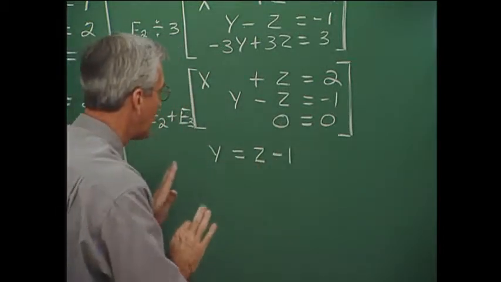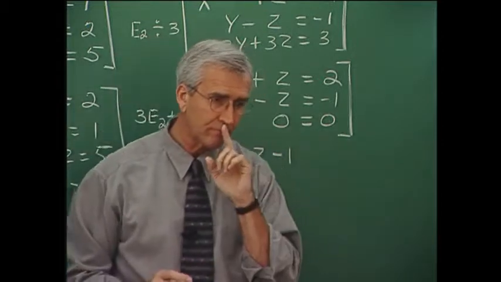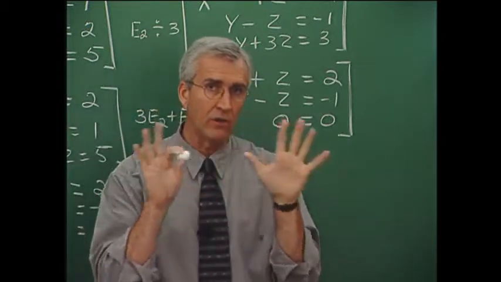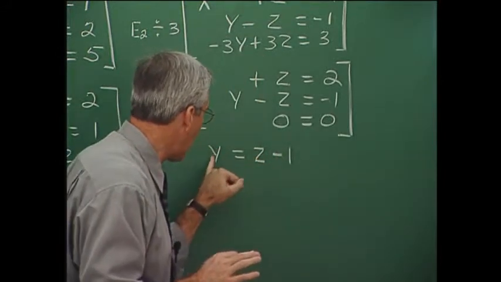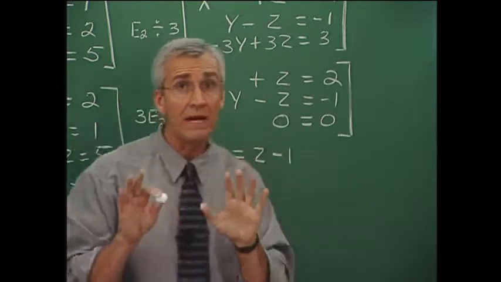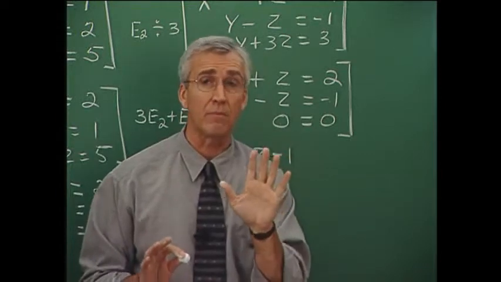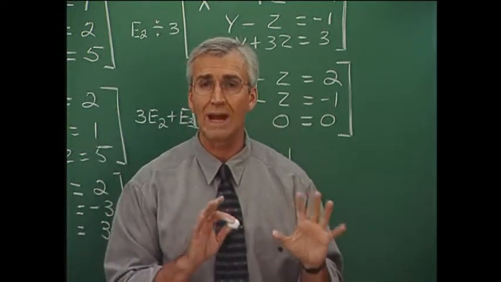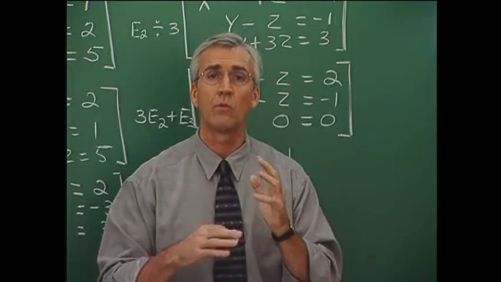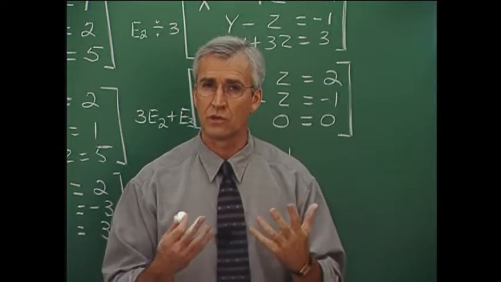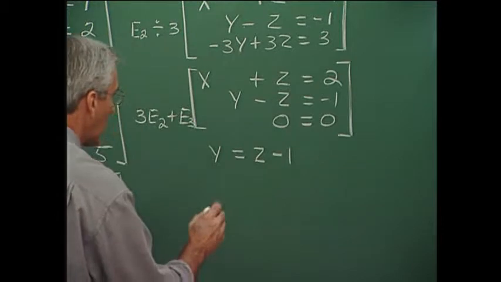Now, at this point, you want to let another letter stand for either y or z. And there are many right ways to do this. At this point in the problem, there are many correct ways to illustrate that ordered triplet that will generate solutions to the system. Here's one way.